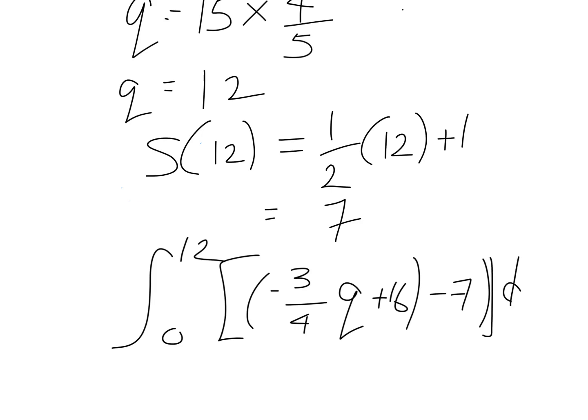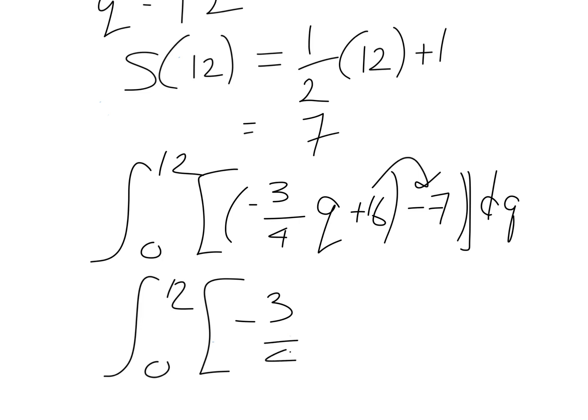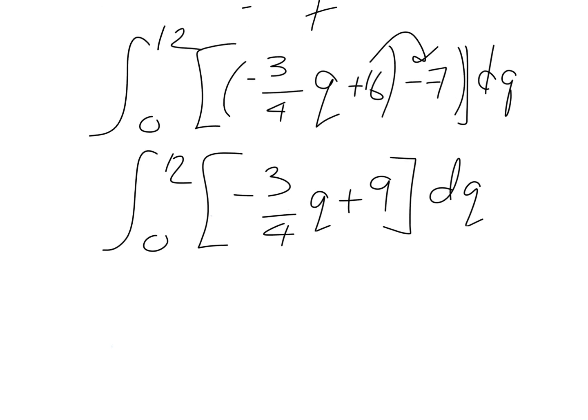And what we find here is a lot of students will be fairly successful here because 16 minus 7 is fairly simple. And even if they drop the brackets by mistake, they would still end up with this same function to integrate.